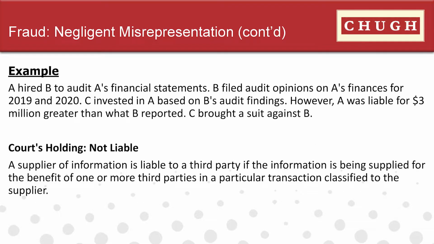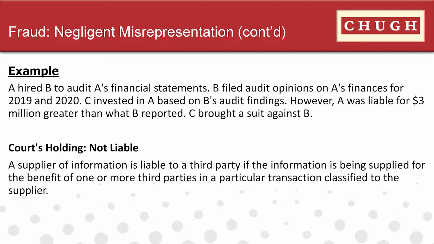So let's assume Party A hired Party B to audit Party A's financial statements. And Party B, being an accounting firm, filed audit opinions on Party A's finances for 2019 and 2020. Now, there's a third party in this example, Party C, who invests in Party A based on Party B's audit findings.